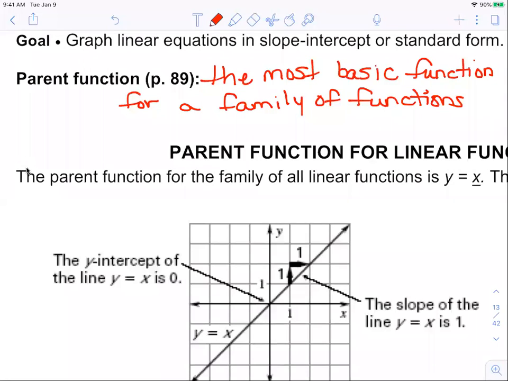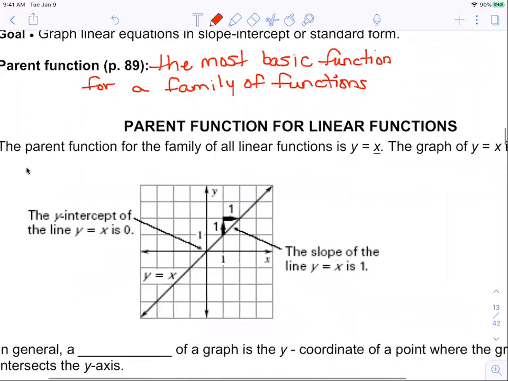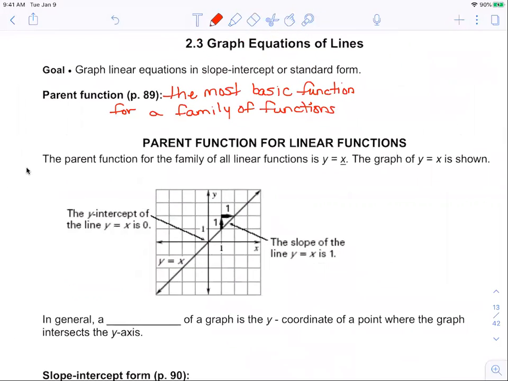And we will look at a basic function for each type of equation that we approach this year, and then we'll expand on it. So the basic one should be the easy one to graph. And then once we expand, it's going to get a little more interesting. So for a linear function, the parent function, again, the most basic function, is of the form y equals x. So we're talking about linear.